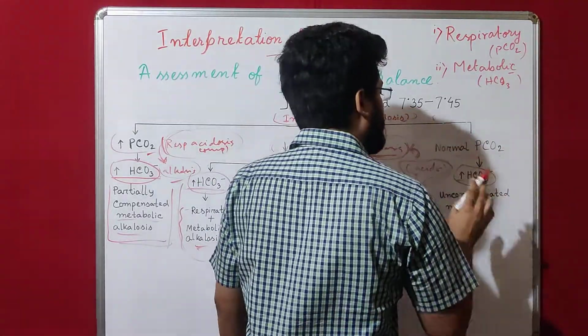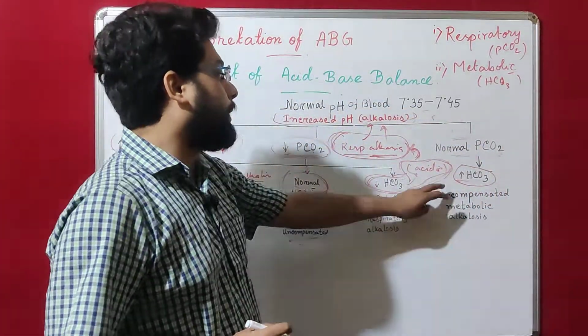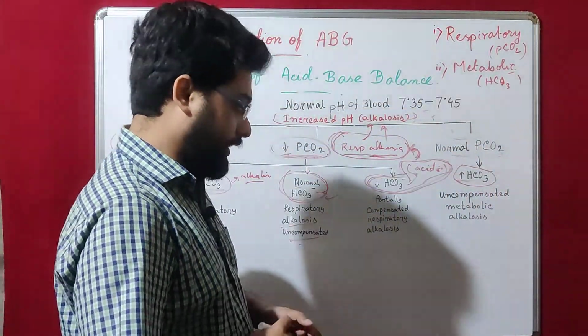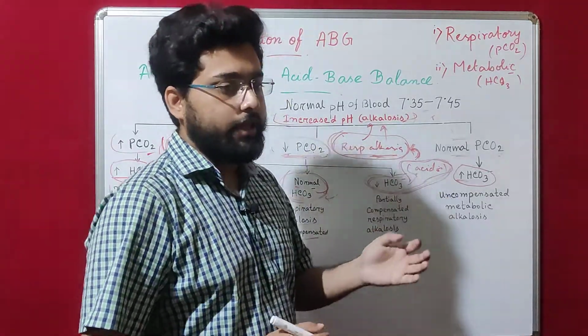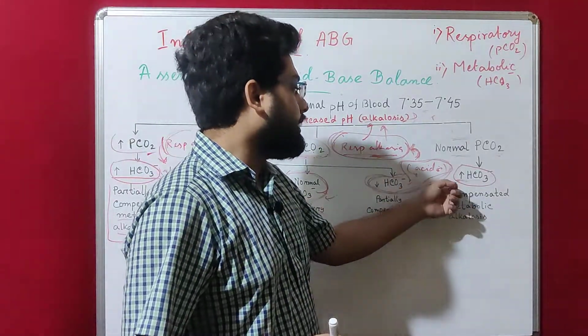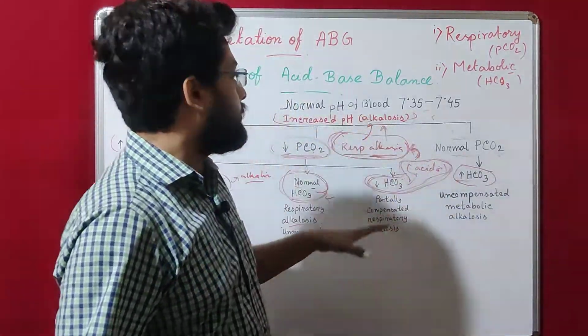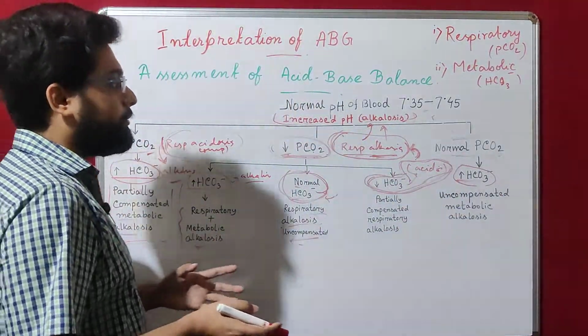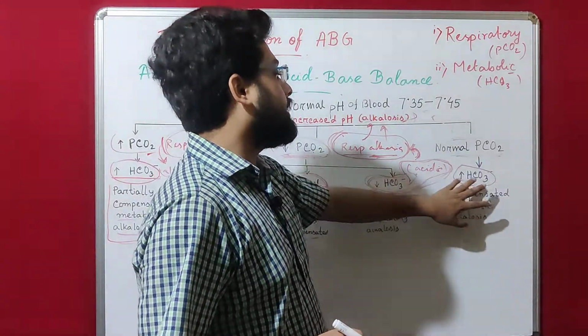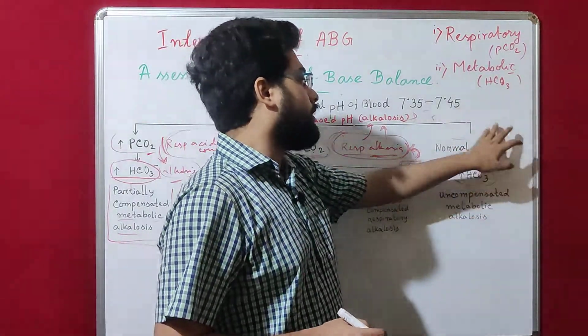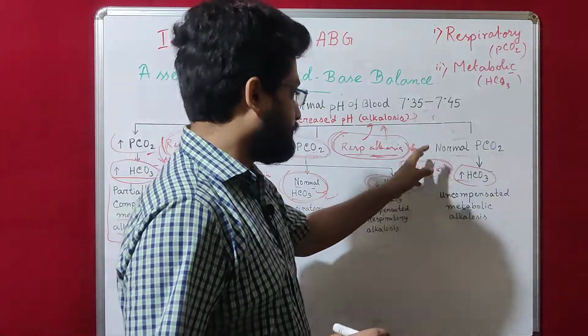So when PCO2 is normal, the only chance is that the bicarbonate level is increased. When we get a report, we can obviously see this. For understanding purposes, I am describing why only one chance is possible for this scenario.